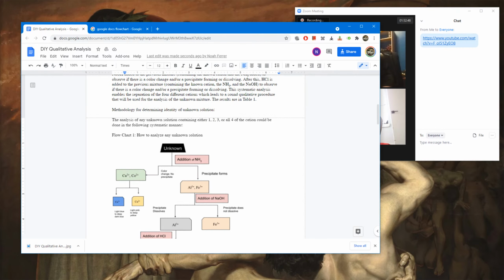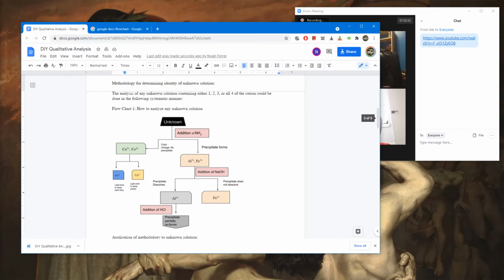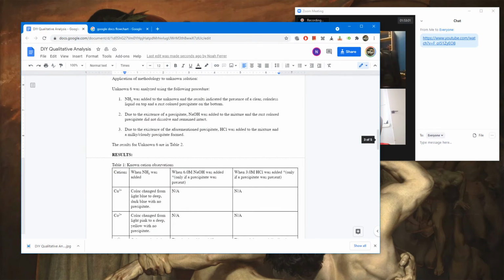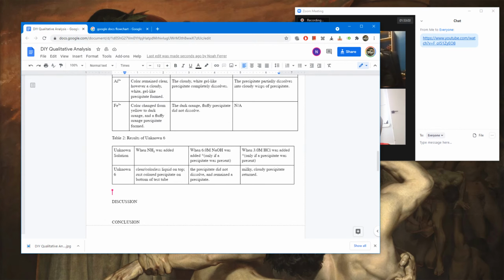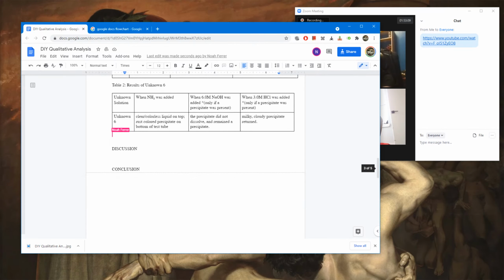This can be left as is. The introduction's the perfect amount. So next is just to finish up, to get the results of what cations are in the solution, and then discuss them.